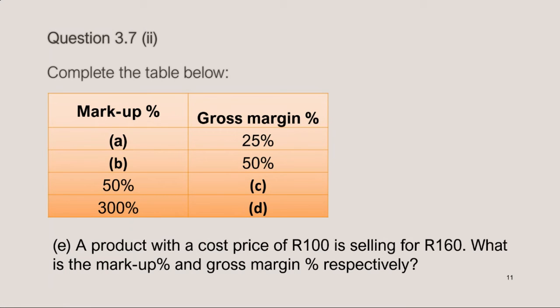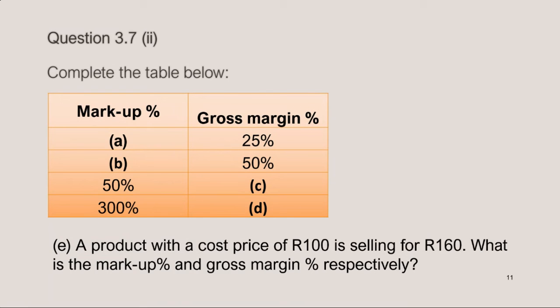Okay, Tumelo says selling price is 100%. That's correct. Because they've given you the gross margin, our selling price is 100%, and they've told you that your profit is 25%.